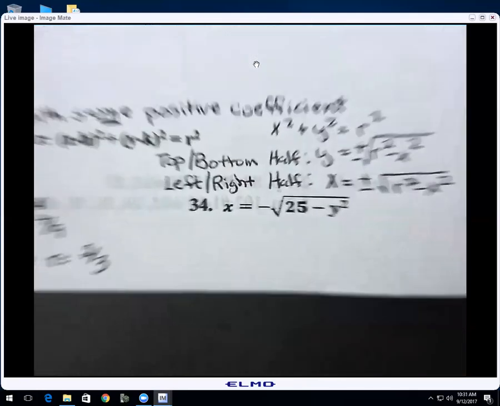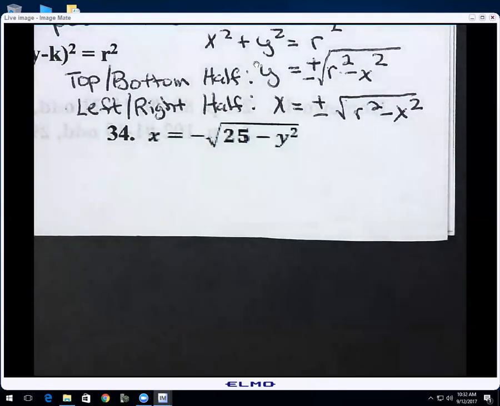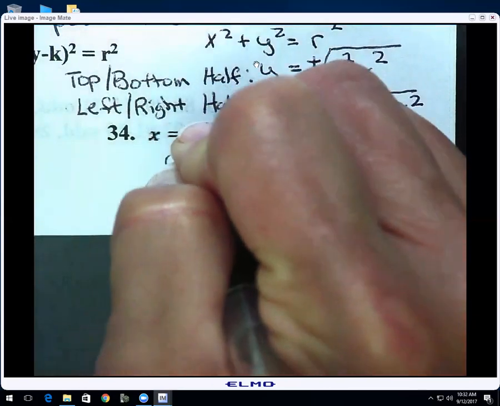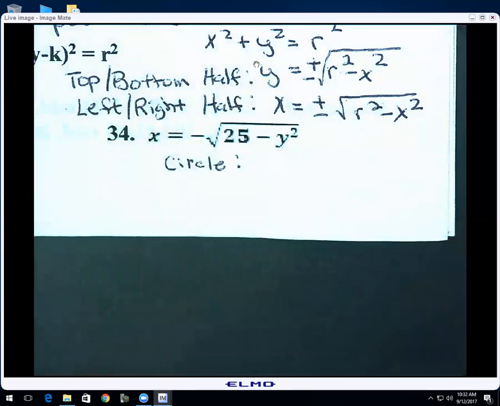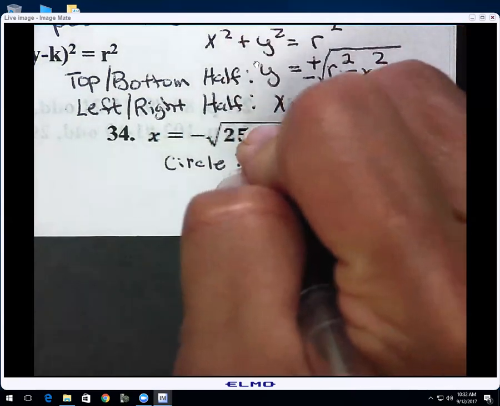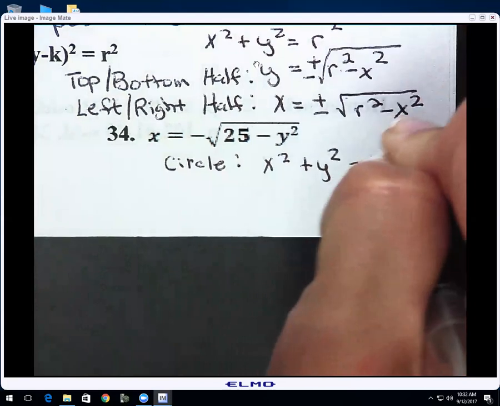So in looking at number 34, I know that if I squared both sides, it would take more room than I have right there. But if I squared both sides and added y squared to both sides, I'd have x squared plus y squared equals 25.